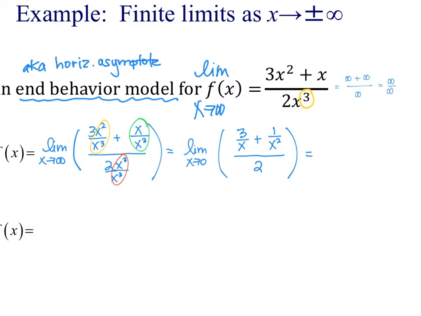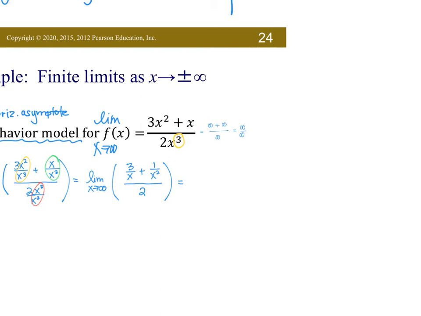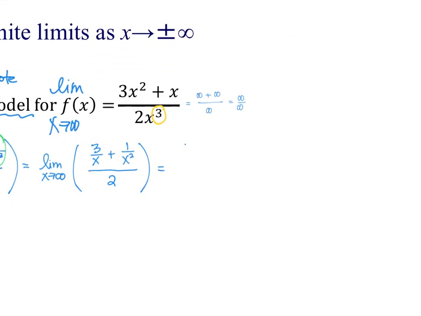So now let's drop infinity into this question, and we'll drop our limit notation. That will give me 3 over infinity plus 1 over infinity squared, over 2. 3 over infinity is 0 plus. 1 over infinity squared is 1 divided by the largest number, so also 0 plus, over 2.